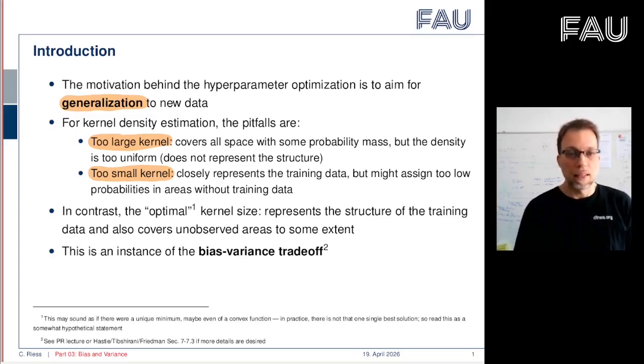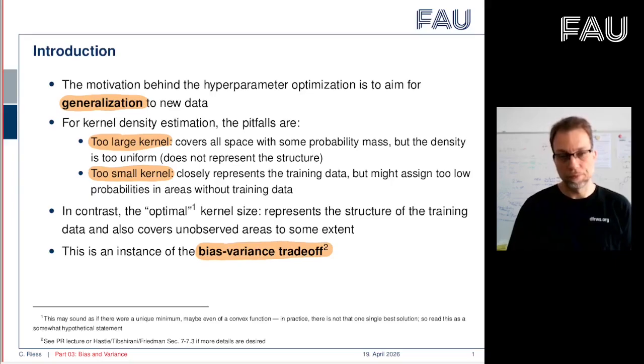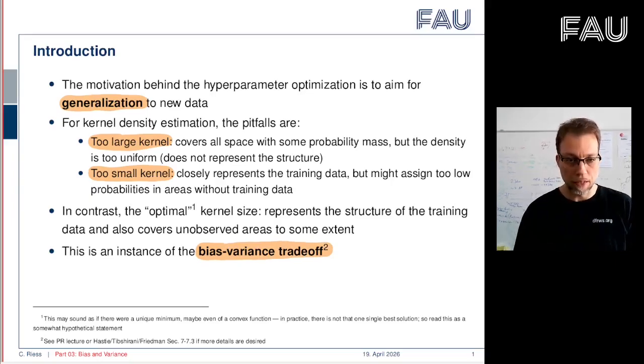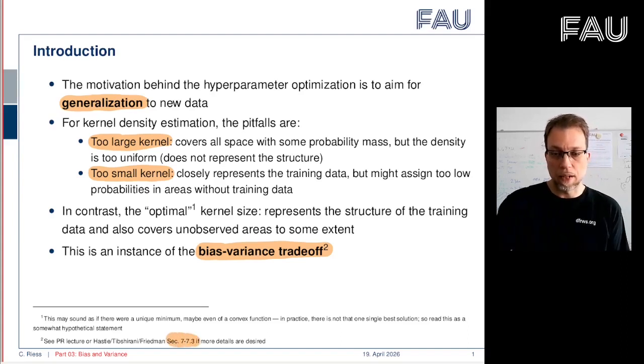And this whole conversation that we are having here about the too large kernel, too small kernel, and so on, is an instance of the so-called bias-variance trade-off. By the way, you see there are always literature references at the bottom. In particular, the bias-variance trade-off here is in the book by Hastie, Tibshirani, Friedman, section 7.